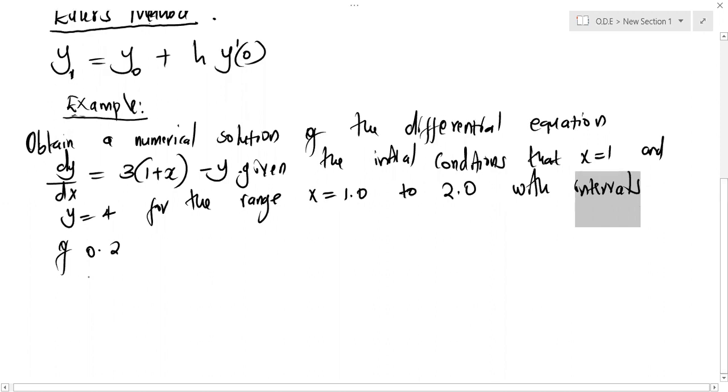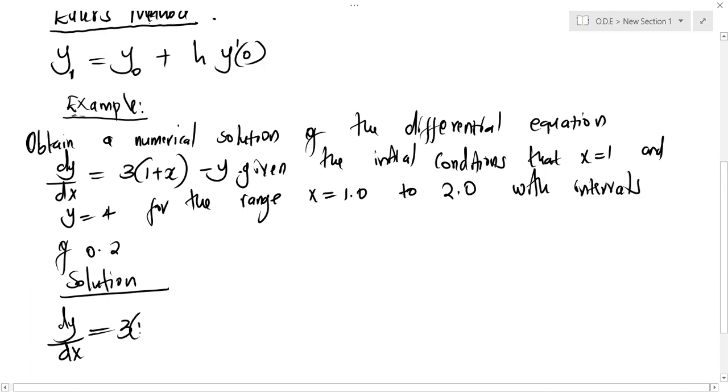Now, solution. Guys, in our question, we already know that dy/dx is equal to 3 into (1 plus x minus y), with our x naught being equal to what?